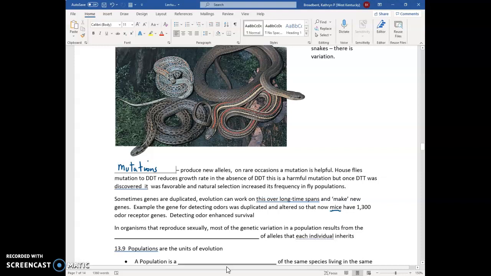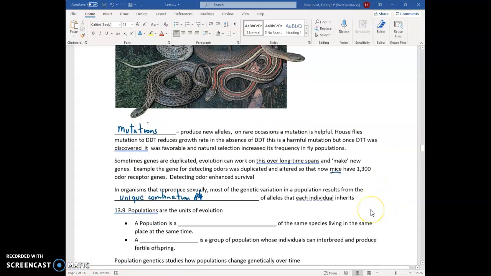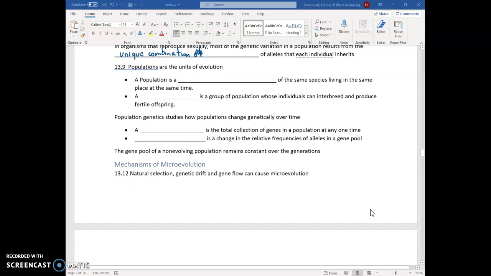In organisms that reproduce sexually, most of the genetic variation in a population results from the unique combination of alleles that each individual inherits. We find that populations are the units of evolution.